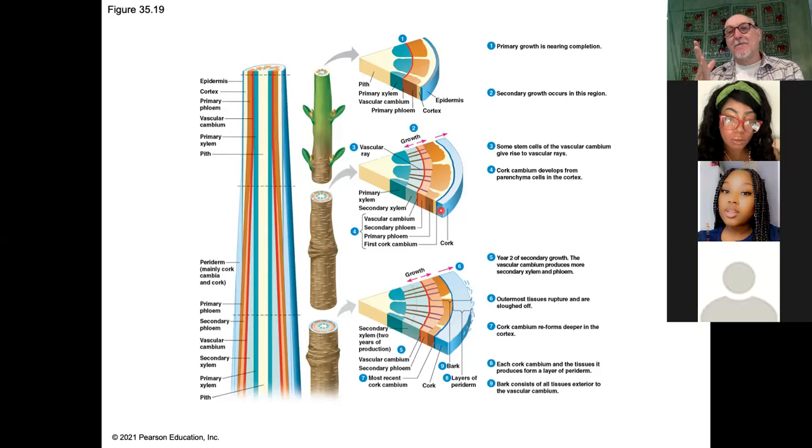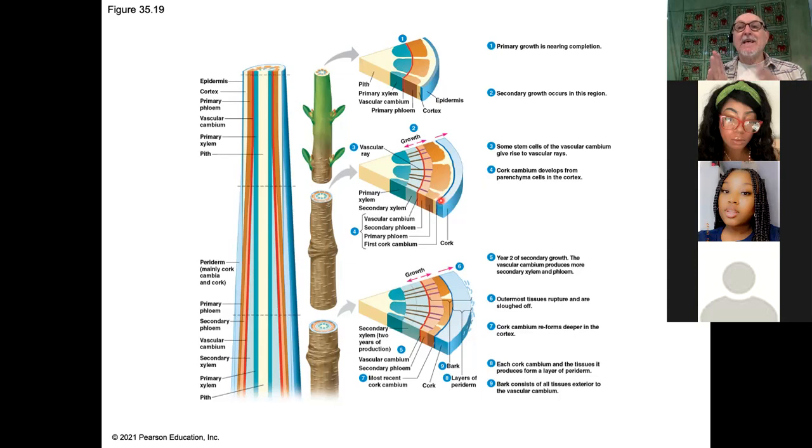And cork is a specialized tissue. It is non-living, and it is thickened with a special substance called suberin, which is waterproof. So this bark to the outside performs two functions: it is protective of the structures of the stem, but it's also very waterproof, so that it stops the stem from losing water to the outside.